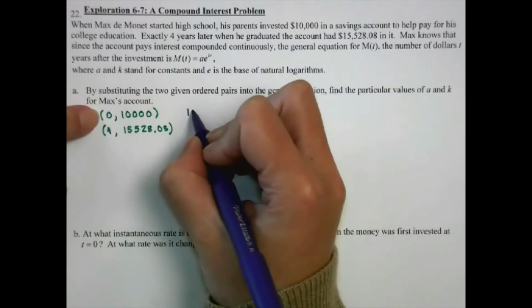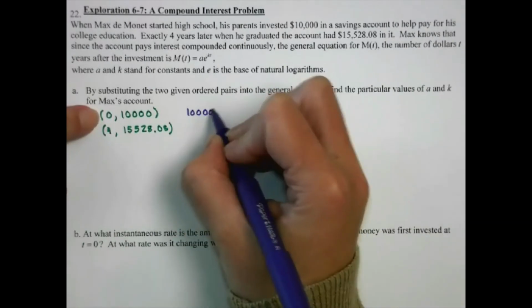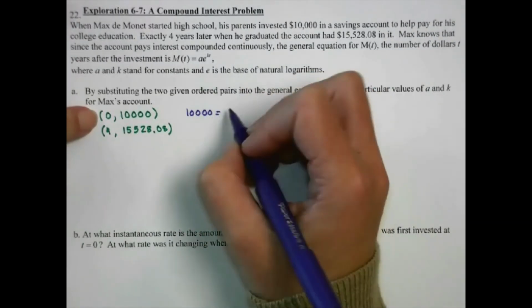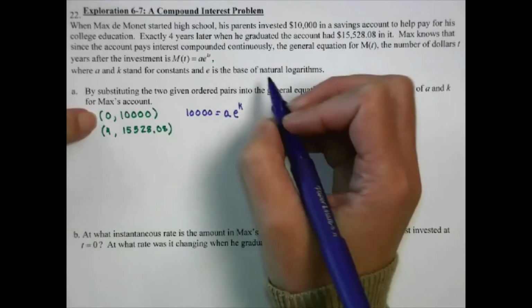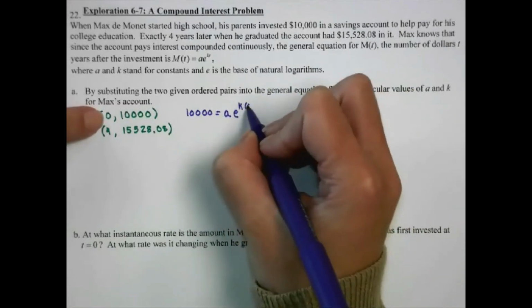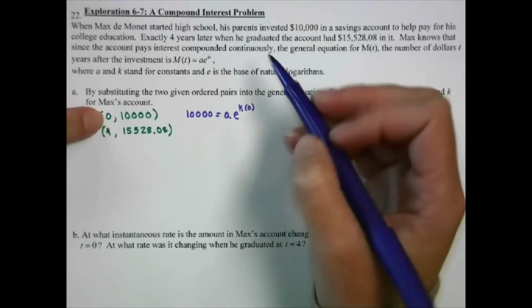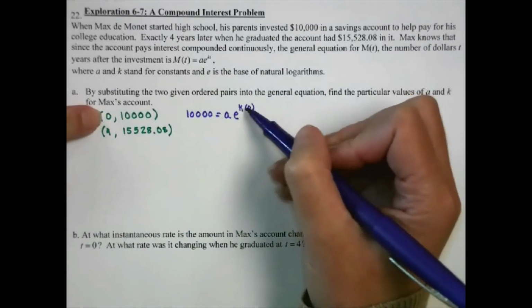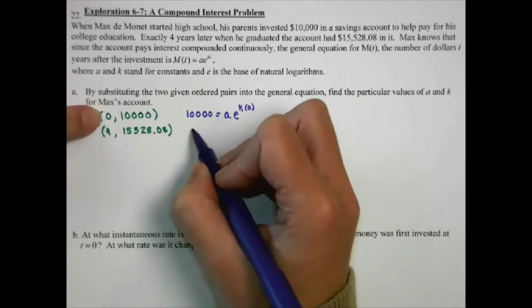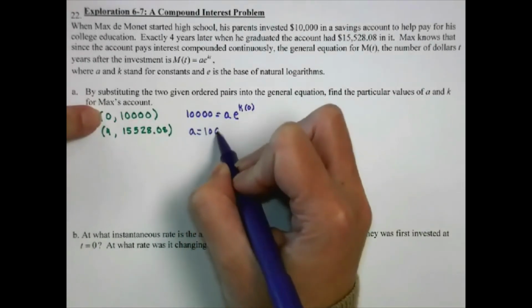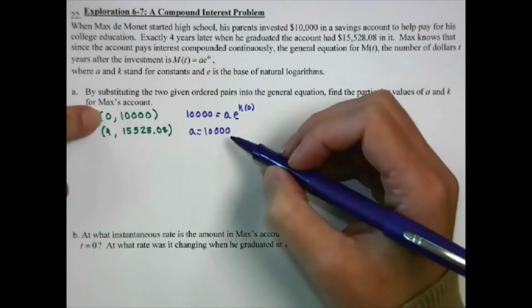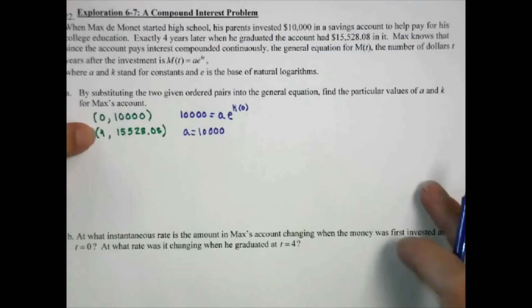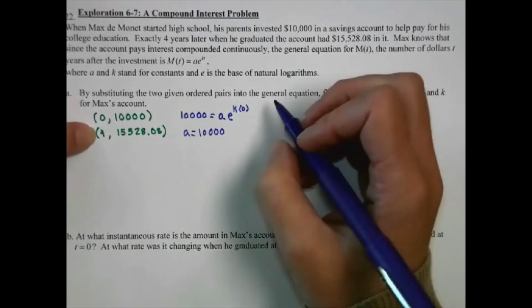So my equation, 10,000, is going to equal a, which we don't know, e to the k, which we don't know, but our time is going to be 0. Well, e to the 0 is just 1, so our a is 10,000.